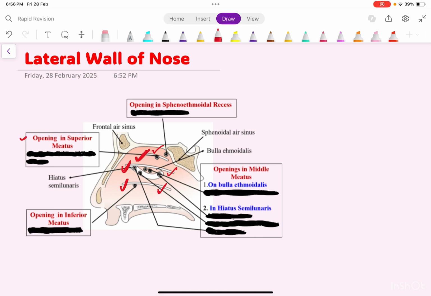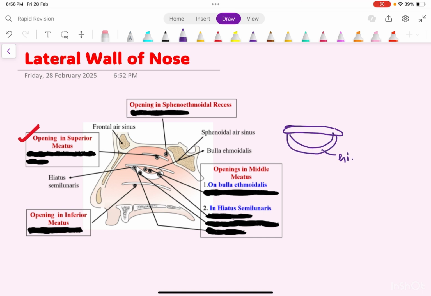So this is the superior meatus, right? And then the labeling of this is the middle meatus, and then we have this, which is the inferior meatus. So this is getting acquainted with the diagram. Then over here, in the middle meatus, you have something like this.